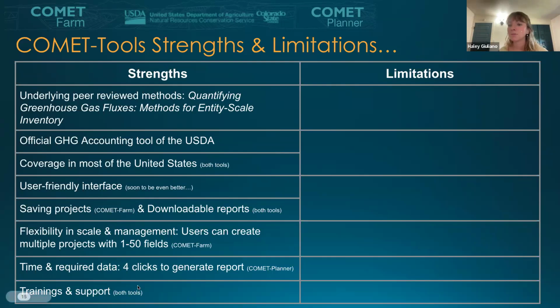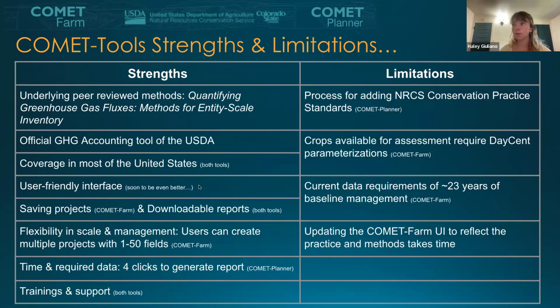And that is going to get even better with the new interface release, because we'll be releasing a full COMET Farm manual, so you can have all of the information in one place. With the tool, there are a few limitations.